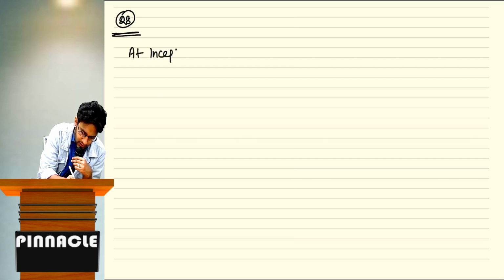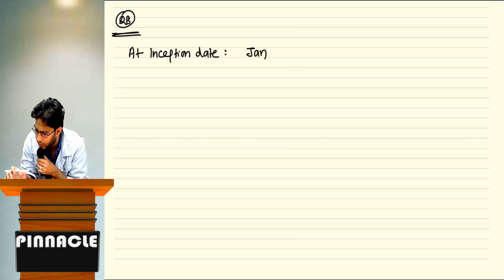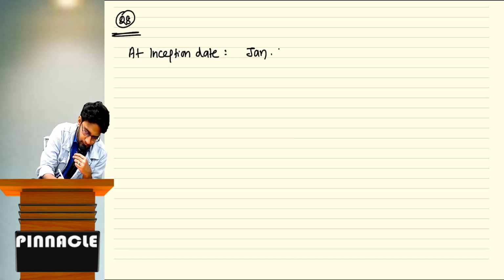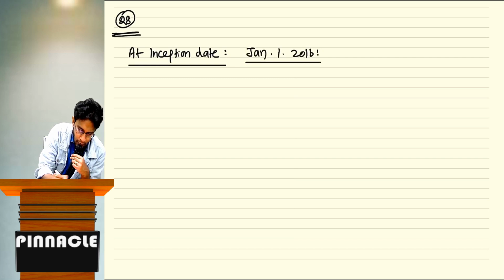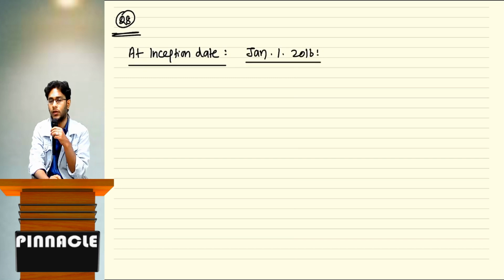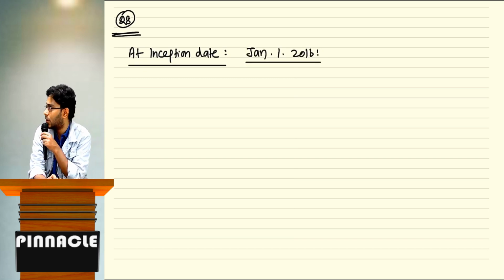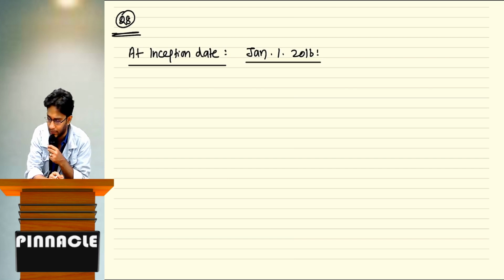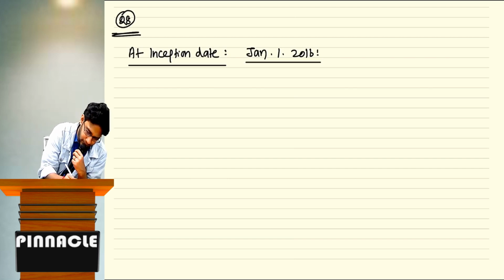At inception date. What is the inception date given? Jan 1. Sir, on Jan 1 you cannot recognize any asset or lease liability, but transactions are happening. You paid advance lease rent.